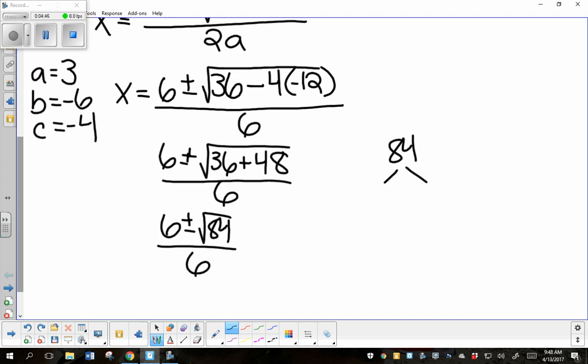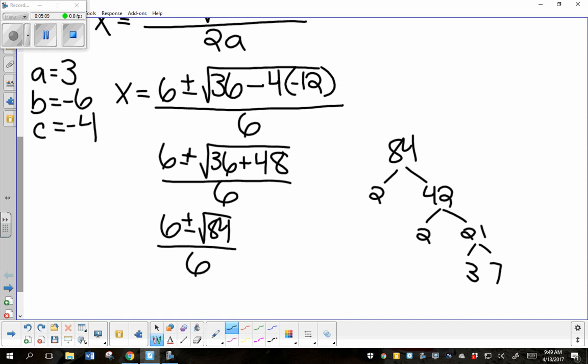So, I don't know, 2 and 42? Does that sound good? That breaks into 2 and 42, and 2 and 21, or 6 and 7, that works too. And then 21 is 3 and 7. All right, so it's a square root. We're looking for groups of 2.